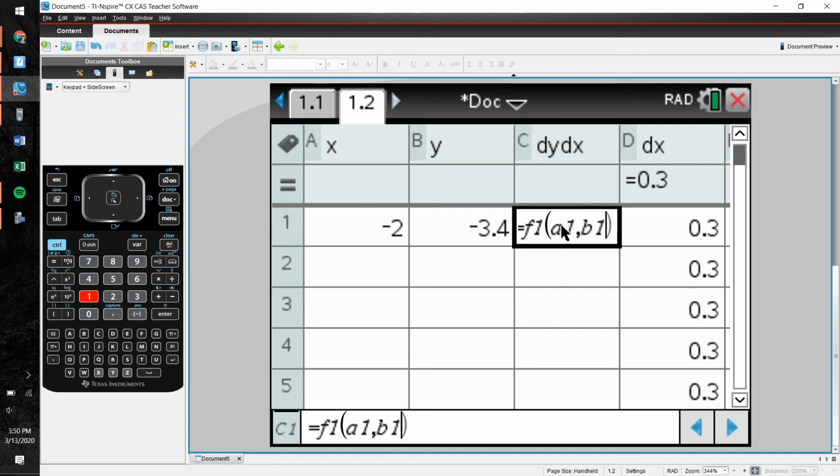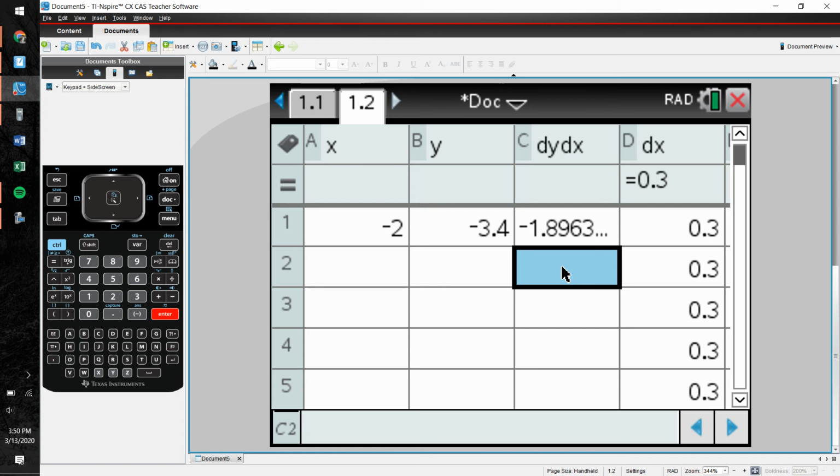Now in this particular example, the derivative was only referencing the y value, which in this case is the negative 3.4. So that negative 2 isn't going to contribute anything here at all, but typing it this way leaves it a little bit more universal so that in the next problem, we don't have to retype that formula. So if I go ahead and hit enter, it gives me this messy decimal here of 1.8963 and so on and so forth.